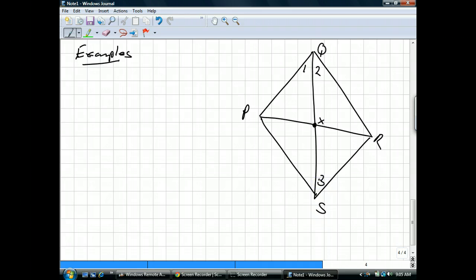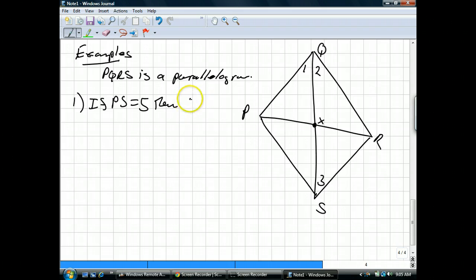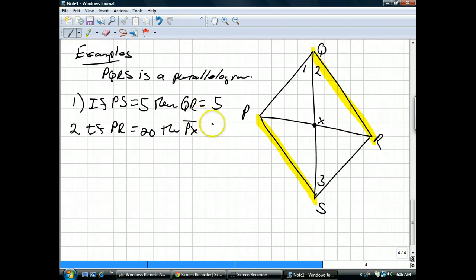Okay, so if I know PQRS is a parallelogram, then number 1, if length of PS is 5, then length of QR equals, well, PS is this side of the parallelogram, and we know that opposite sides have to be congruent, so length of QR must also be 5.